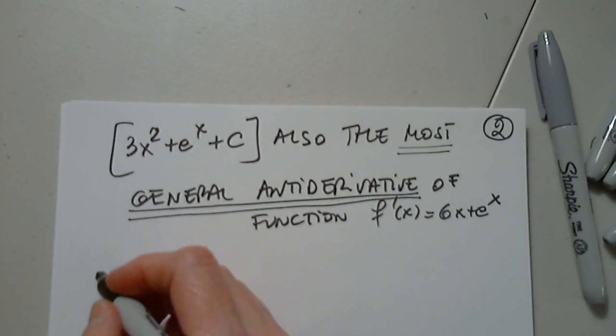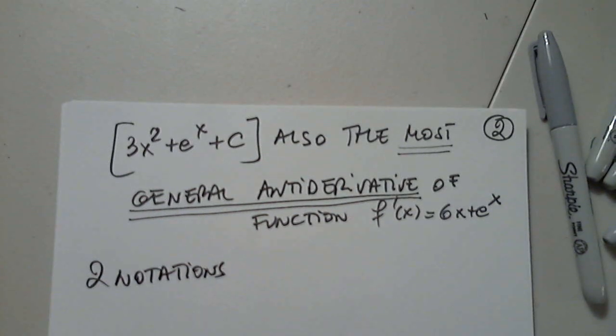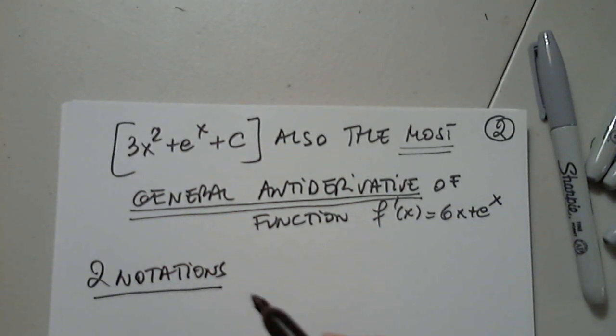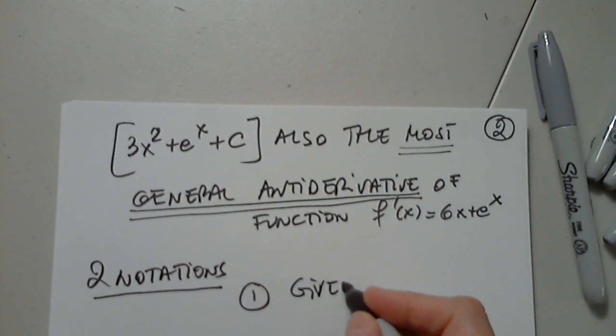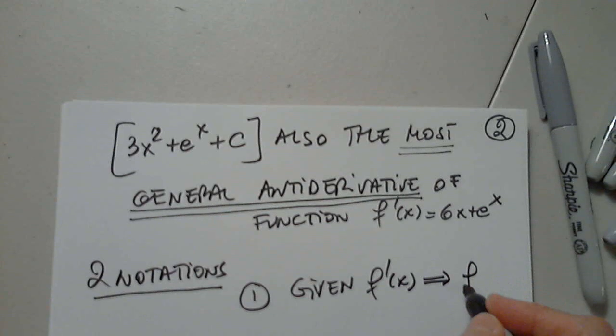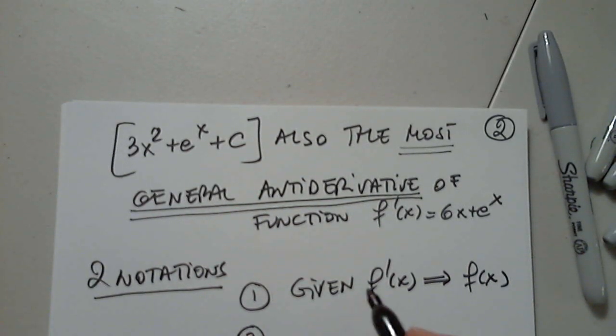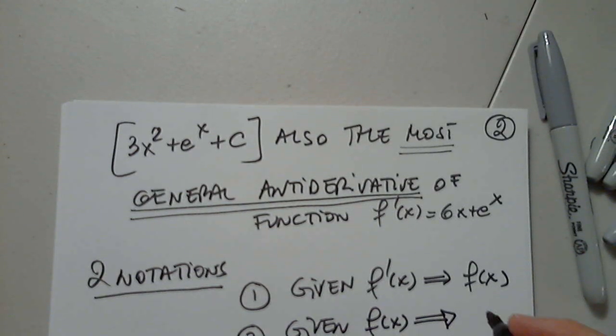Now, 2 notations. Very important. Number 1, given f prime of x, we find f of x. Number 2, I could be given just a simple function, and to find its antiderivative, the notation would be uppercase F of x.